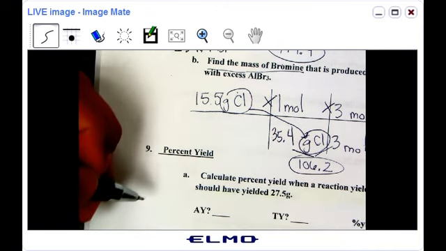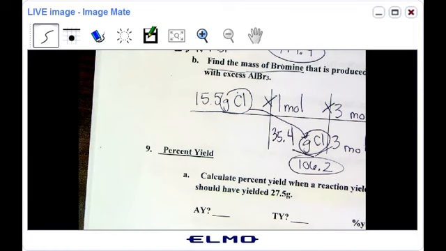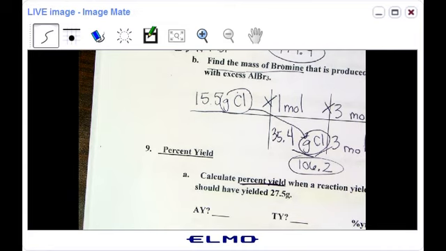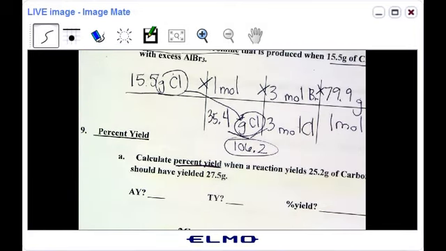Okay, for this you are going to divide your theoretical by your actual and multiply it by 100. Whenever anything says calculate a percent yield, please know that your answer will be in a percent.